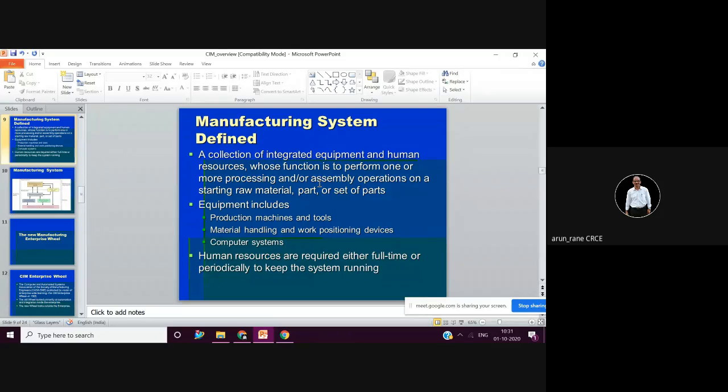So there is no stacking of the inventory. The work in process inventory is zero. The material is not waiting for the operations. The operations are being done continuously, and the raw material is processed. For example, in your lock assembly line, the raw material enters and you get a finished lock.